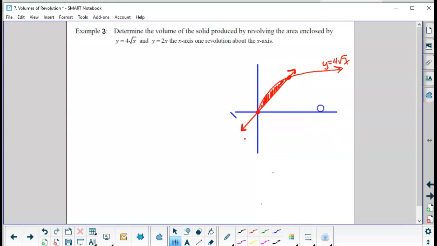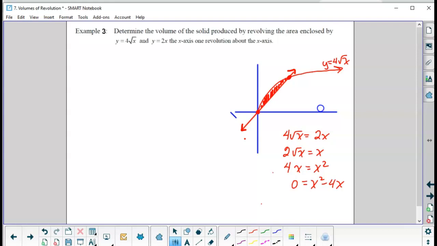So we want to find where 4 root x equals 2x. I divide by 2: 2 root x equals x. I'd square both sides, so that would be 4x equals x squared. And then x squared minus 4x equals 0.